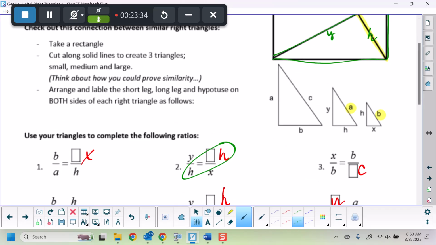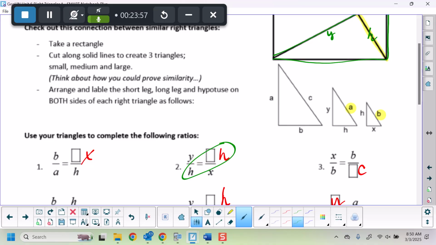Do you see how that H is the geometric mean? That's our first theorem we're learning today: the altitude to the hypotenuse of a right triangle is the geometric mean between the two pieces that it creates. It divides that hypotenuse into two pieces, X and Y, and that height is that geometric mean.